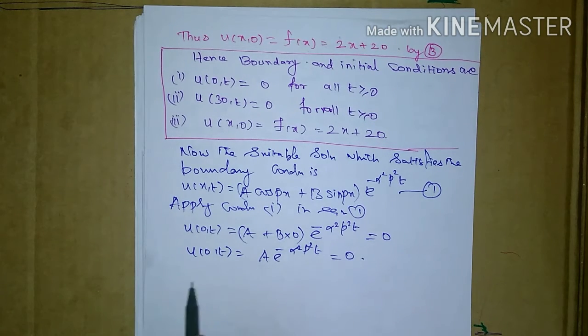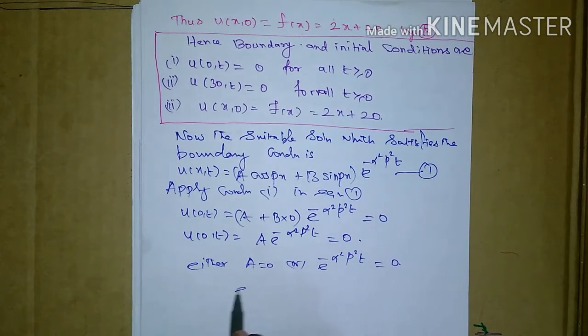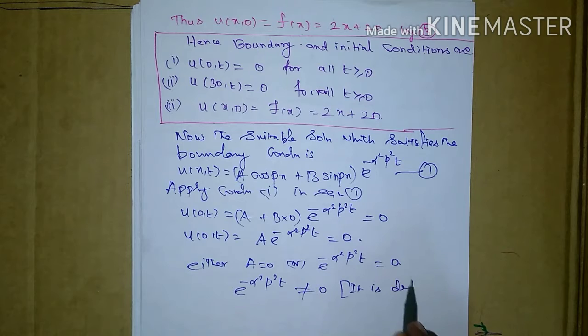Here either a equal to 0 or e power minus alpha square p square t is equal to 0. Here e power minus alpha square p square t is not equal to 0 because it is defined for all t.